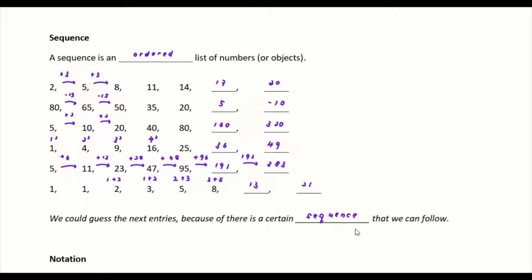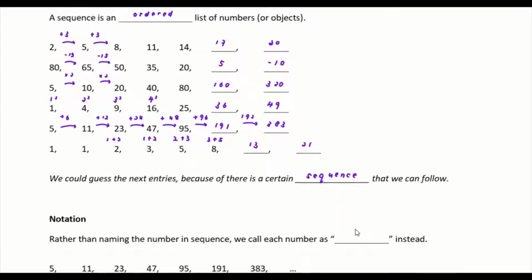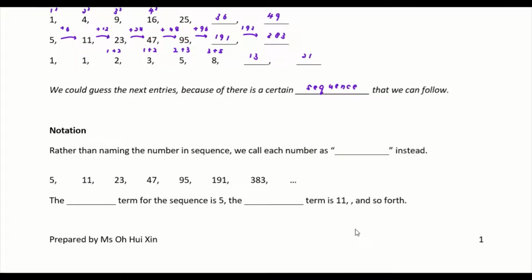Okay, so now let's look at the part on notation. Rather than naming the numbers in the sequence, normally we'll call each number a term. For example, this is a sequence like the one that we had just now. You can see it's plus 6, plus 12, 24, and so on.